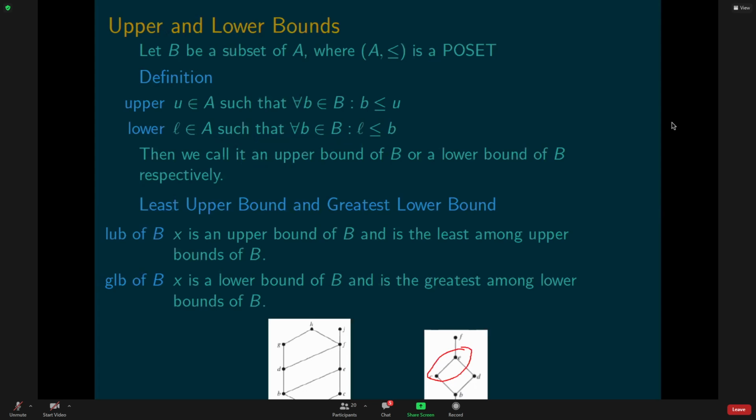E and F indeed are upper bounds. And what is the least upper bound? E, right? Because E is smaller than F.